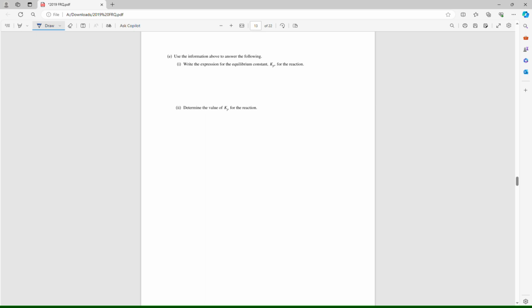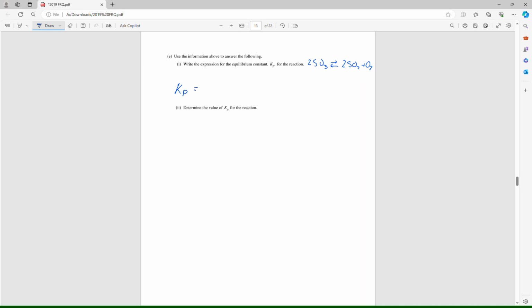All right, let's go on to E. Write the expression for the equilibrium constant Kp for the reaction. So again, our balanced equation was 2SO3, and we have their equilibrium arrows, creates 2SO2 plus an O2. So our equilibrium expression, Kp, is just products over reactants.